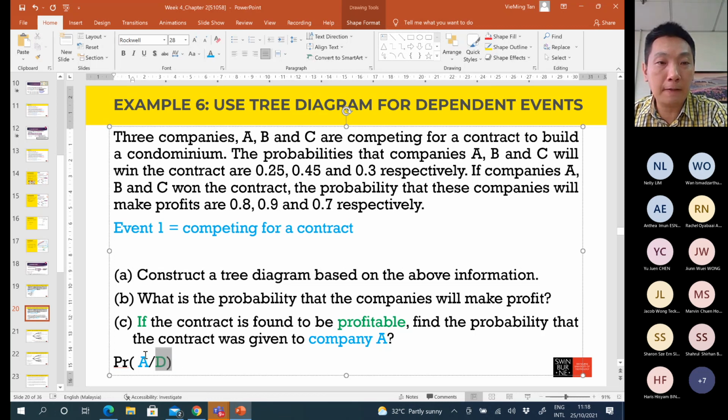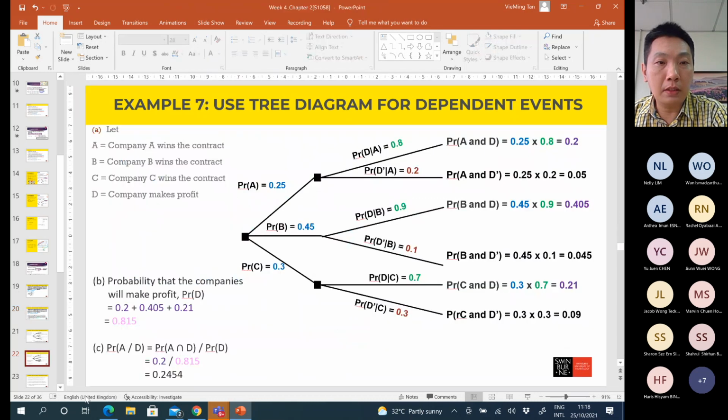So I copy this to here. Because we know that A and D are dependent events, as a result you need to use the dependent event formula to solve the problem.